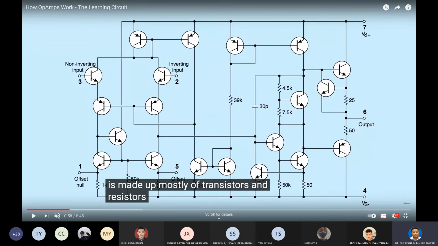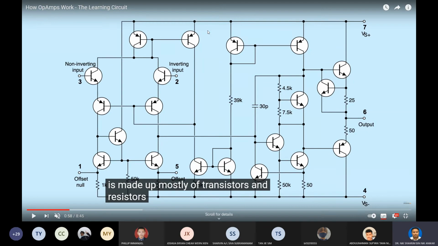So basically, it is not that accurate that I compare BJT and op-amp, because if you see here, an op-amp is made of many transistors. So we can say that an op-amp is actually a system of transistors arranged so that it will behave as a voltage amplifier.